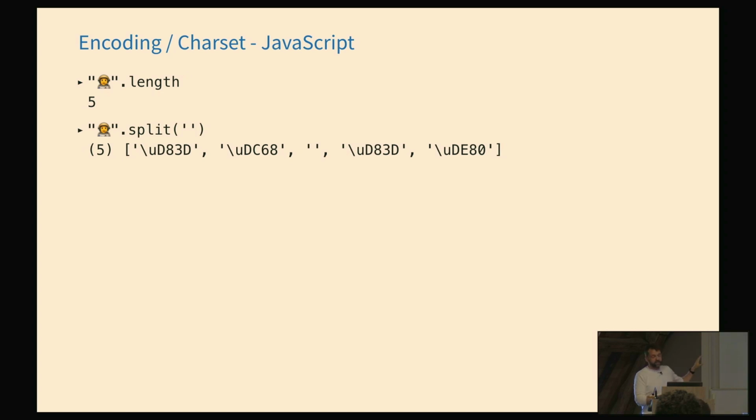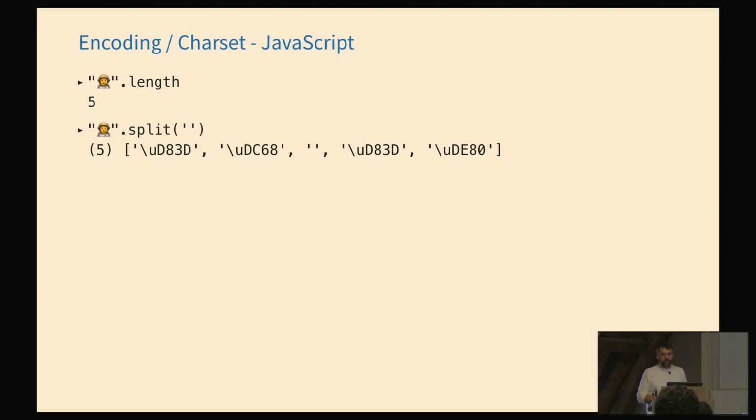And here we can actually see how JavaScript handles these characters. It handles these characters as something called surrogate pairs. So the Unicode characters are basically represented by two different parts with a combining character in the middle.